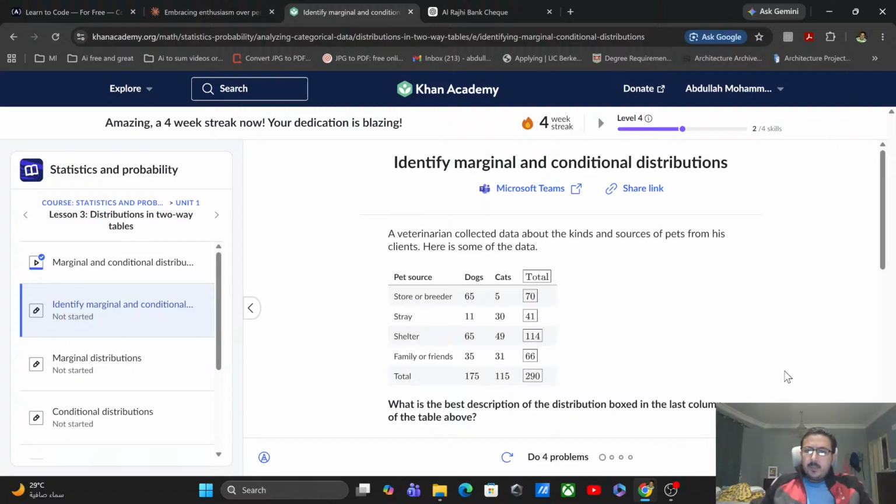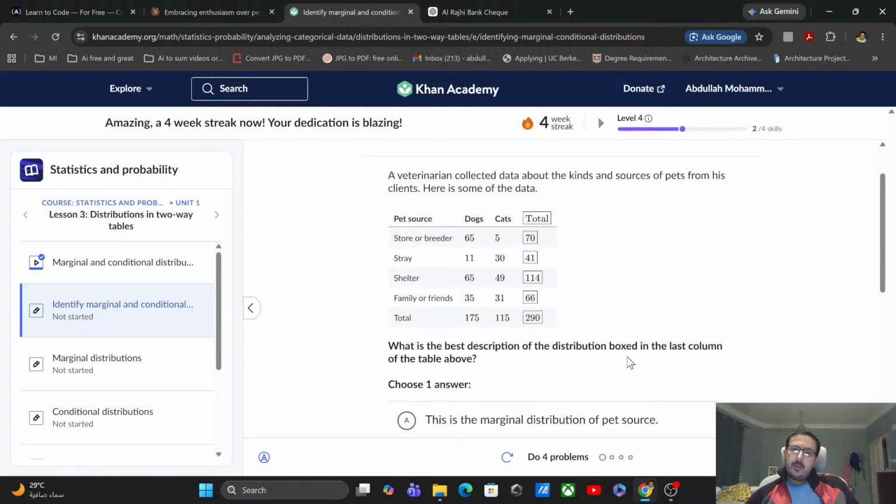What is the best description of the distribution boxed in the last column? The table above. I would think it's marginal.